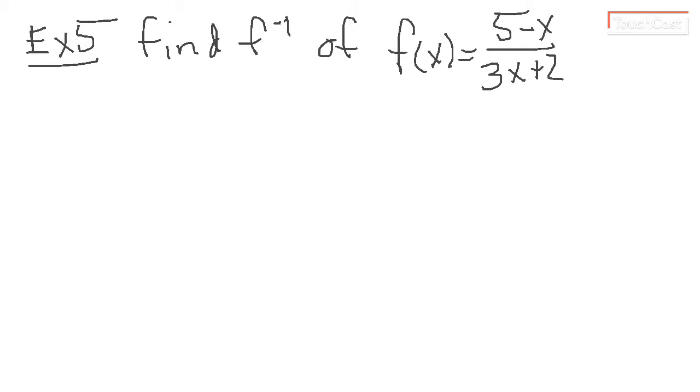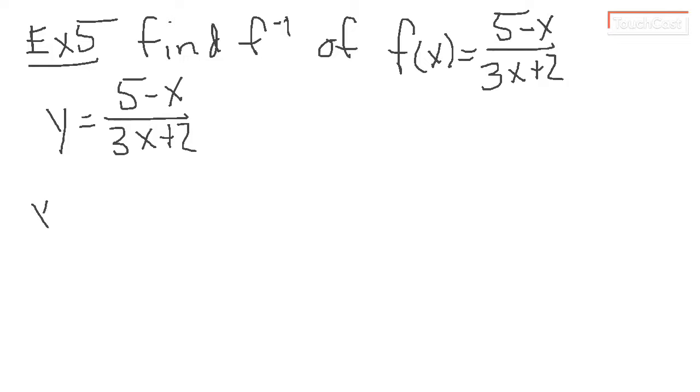We're going to replace f(x) with y. So we're going to write y = (5 - x)/(3x + 2). And now what we're going to do is switch x and y.